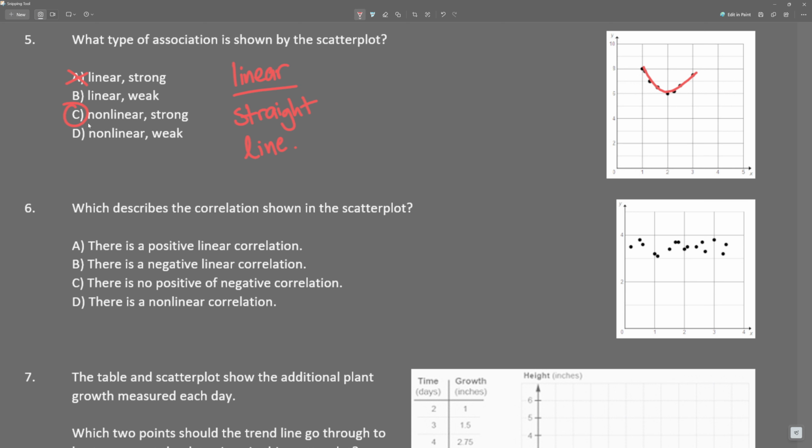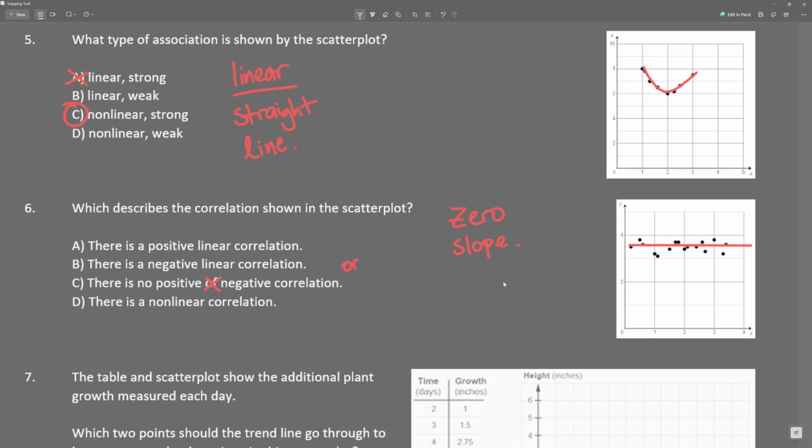Number 6, this is a common problem. I think there's a little bit of a typo here. It should say or. But as you can tell, this is neither positive nor negative, right? So this is a situation where we actually have what we would call a zero slope. If you've ever been on a treadmill, when you get on, it's perfectly flat, and you would say that there is zero incline on that treadmill.